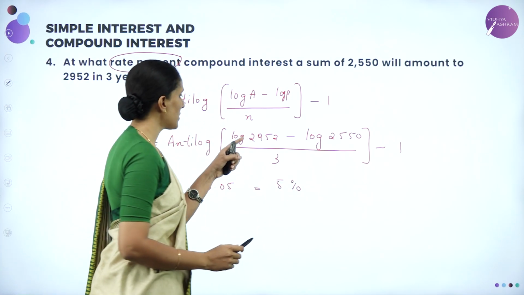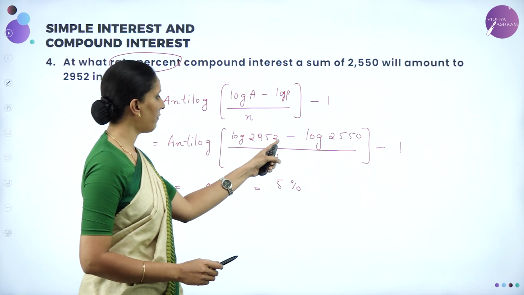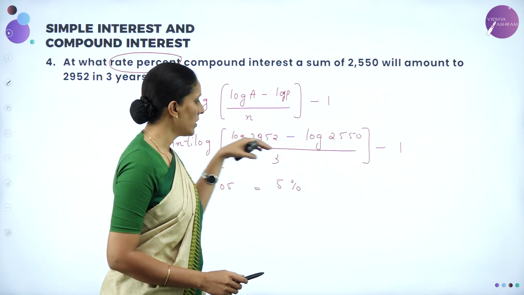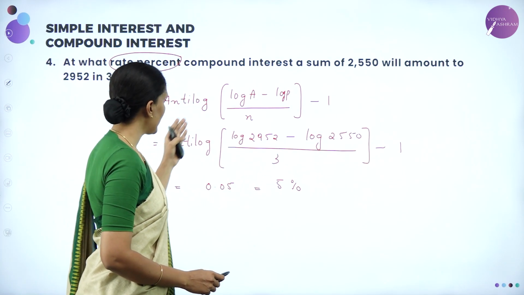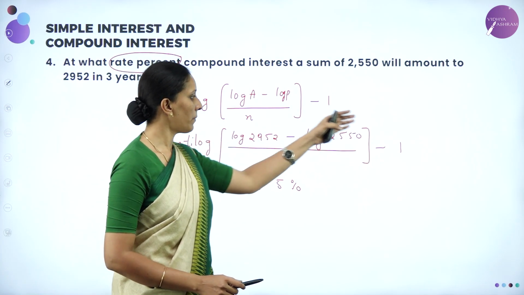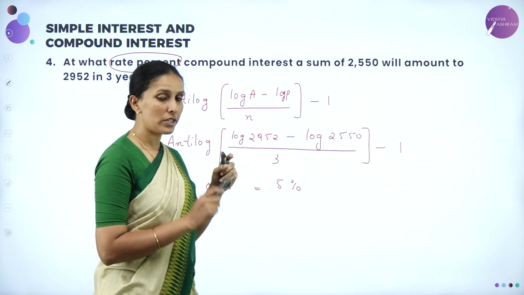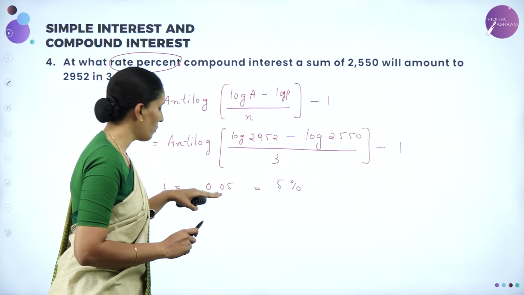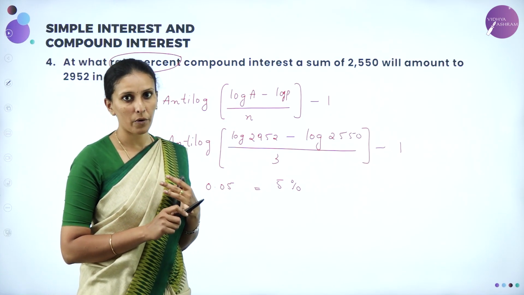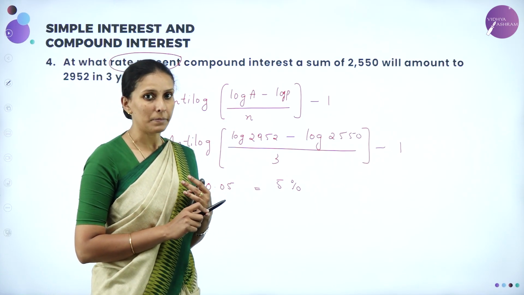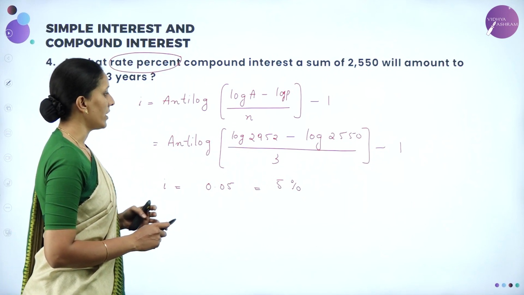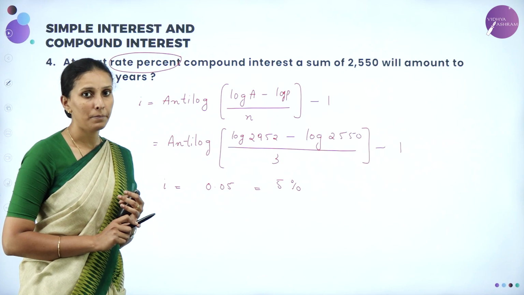So that means we need to substitute the log value of 2952 and subtract it with log value of 2550. So divide it by 3, then take the anti-log of this value and subtract 1. So using log and anti-log tables, we need to find their values. So the final value will be approximately 0.05, which can be expressed in percentage as 5%. So therefore, the rate of interest for this problem is 5%.